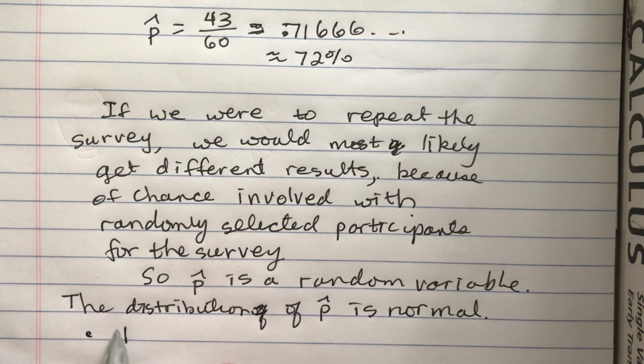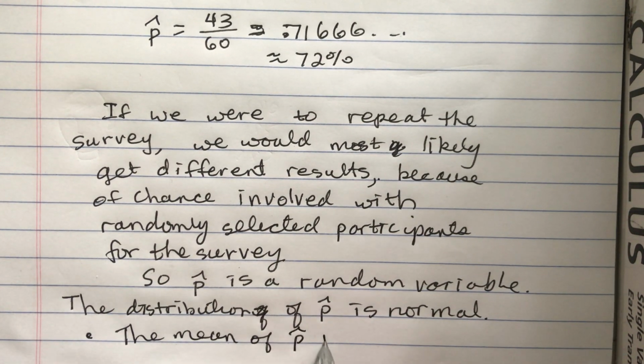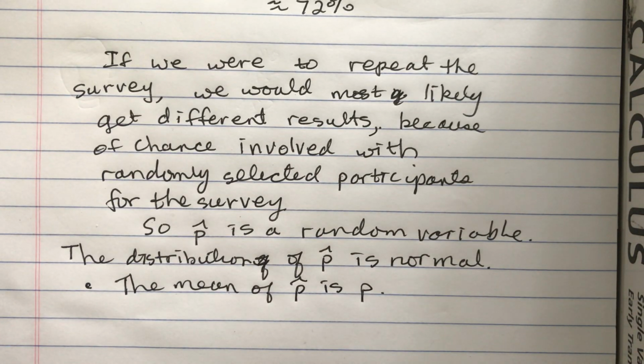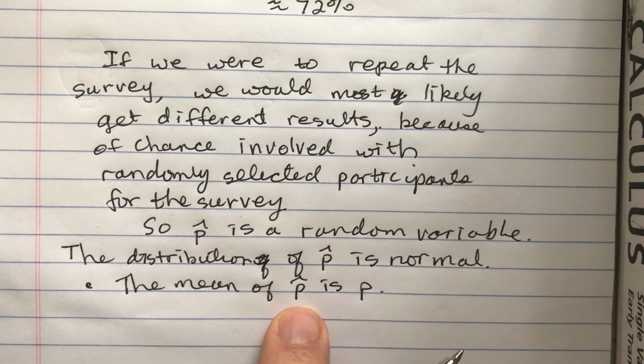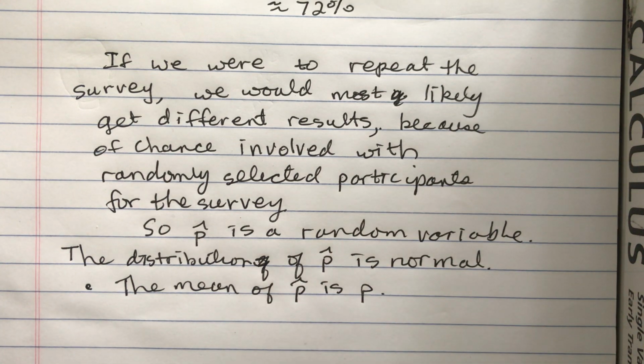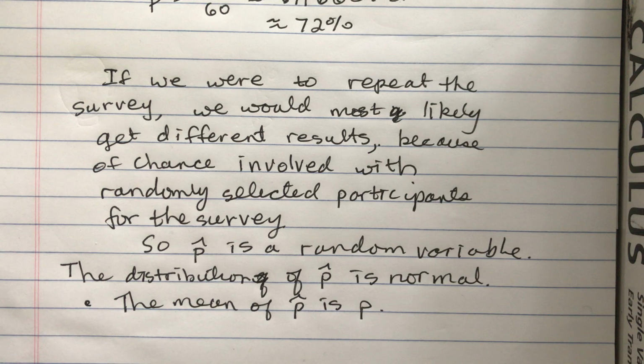So let's go through this. The mean of p hat is p. So what does that mean? That means if you kept doing the survey over and over for the city, each of those surveys would get a proportion. Those proportions, on average, will be the proportion of the whole city, which we would hope is not too far away from 72%.